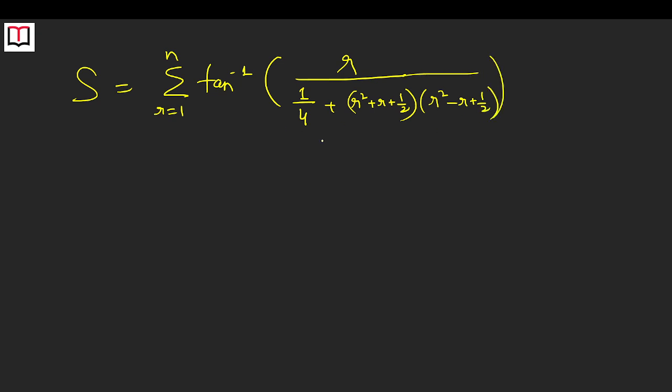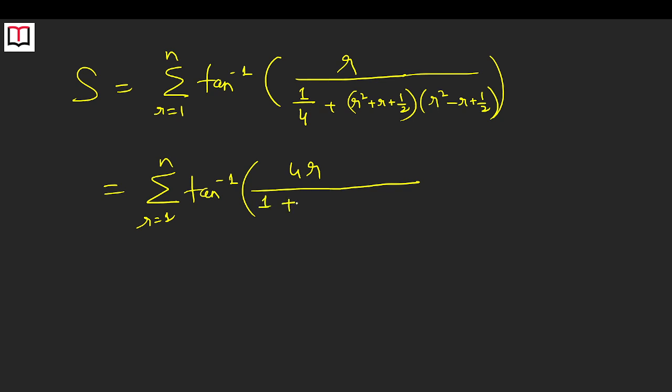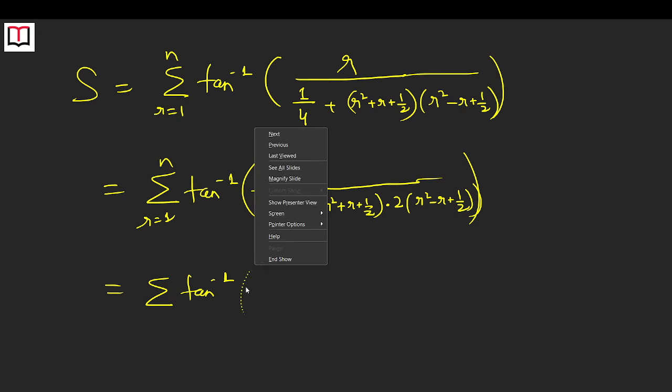Okay. Now I will take LCM. So you could have said that, okay, in that case, I would have multiplied. See, that's how I thought. Okay, so I'm just writing the steps in the way I thought. So it's 2 into r square plus r plus half, into 2 into r square minus r plus half. And we got it. Okay, so this is summation tan inverse of, fine.